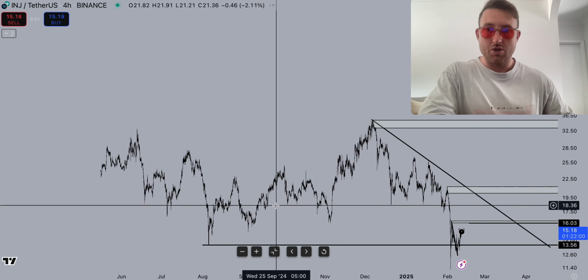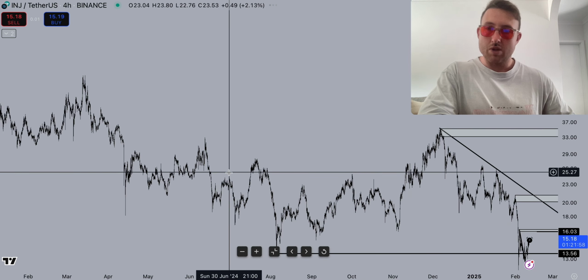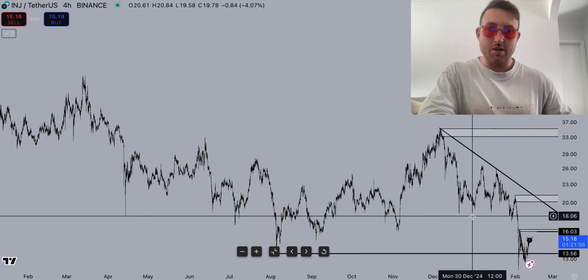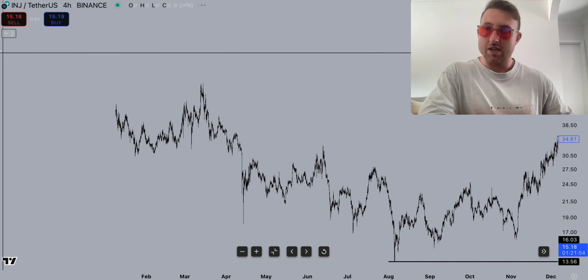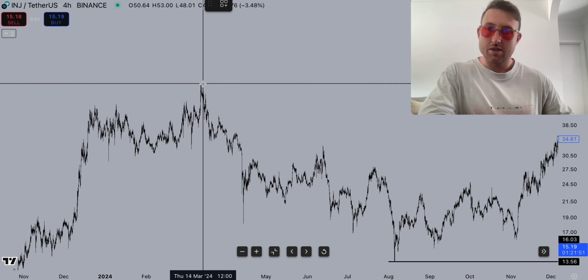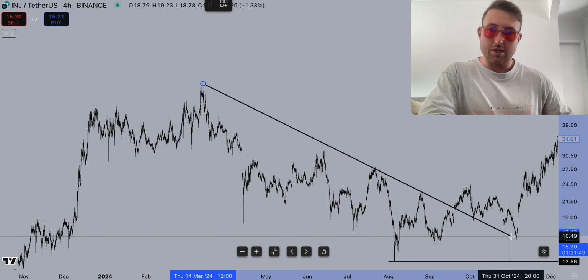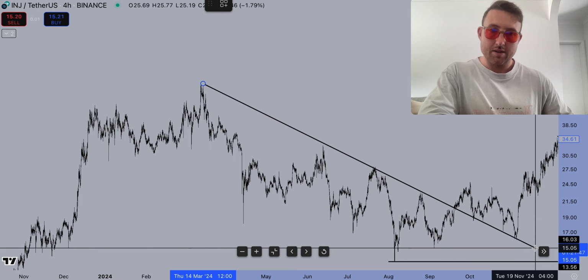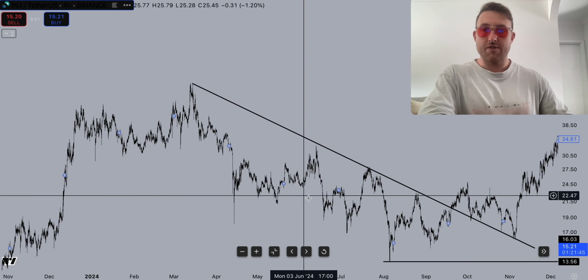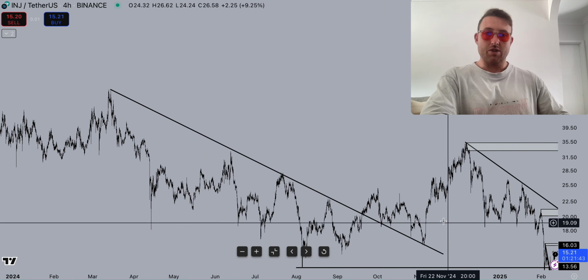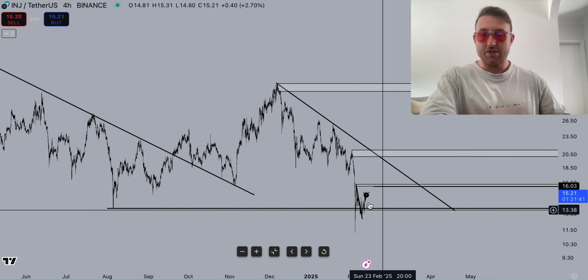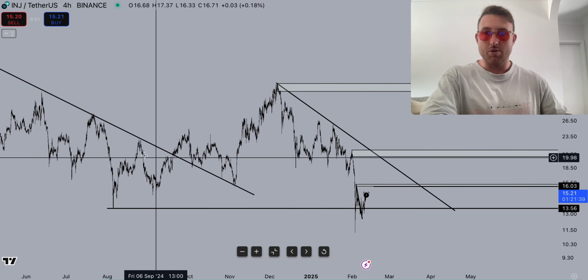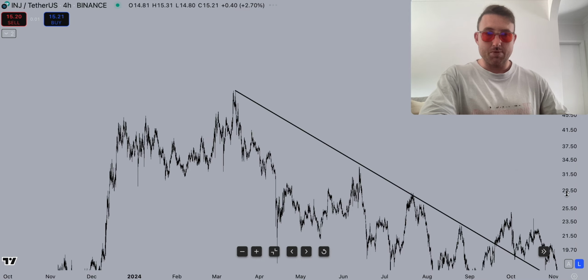These wedges do hold solid when we have them. You can actually even see here that we have another trend line. The target for this bigger trend line, which we haven't even touched yet, we've just come back down and retested the bottom. It's actually the top of the trend line there.